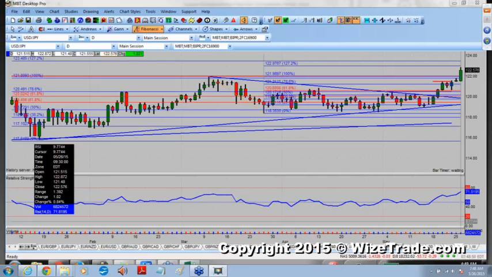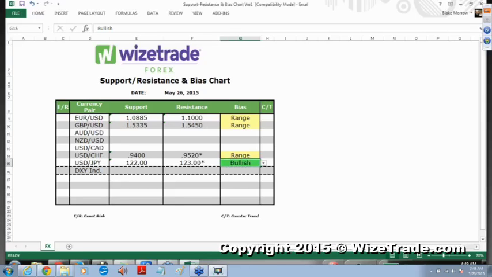So anyway, let's take a look at the, let's see here. It's bullish for now, but obviously we've got to be on the lookout for a false breakout.